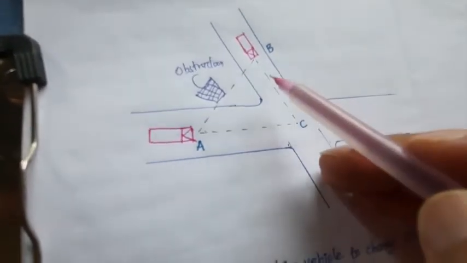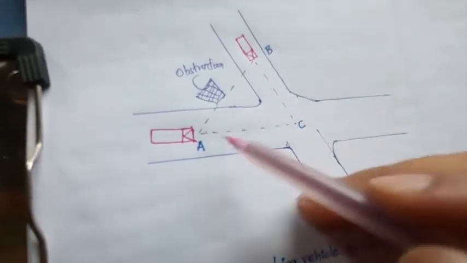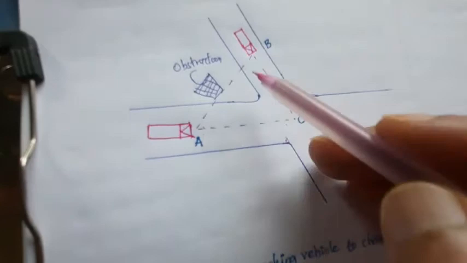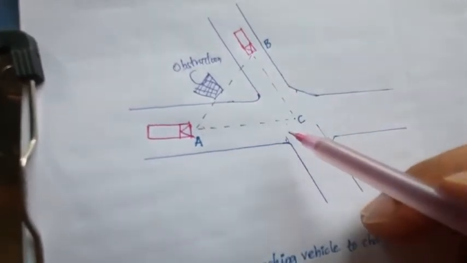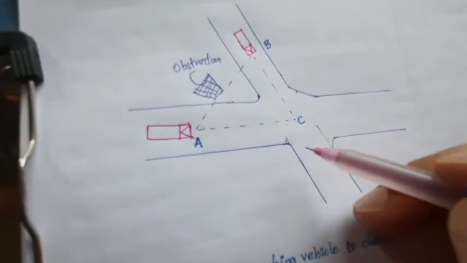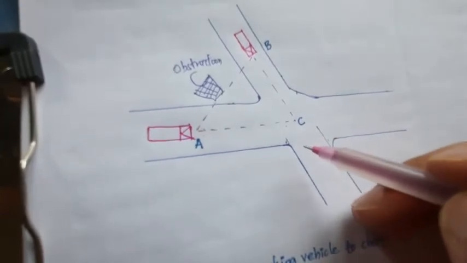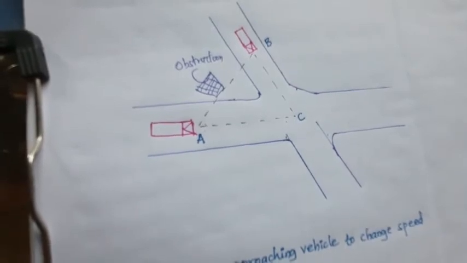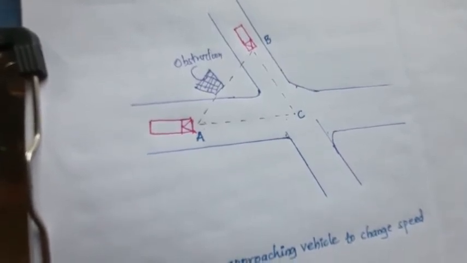Hence the two sides, that is AC and BC of the sight triangle along the intersection approaches up to the point of conflict C, should be at least equal to the distance covered by the vehicle traveling at design speed in 2 seconds.